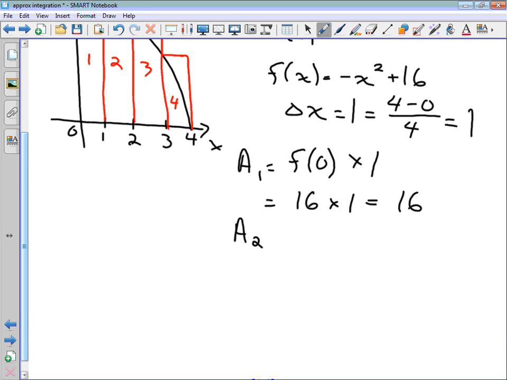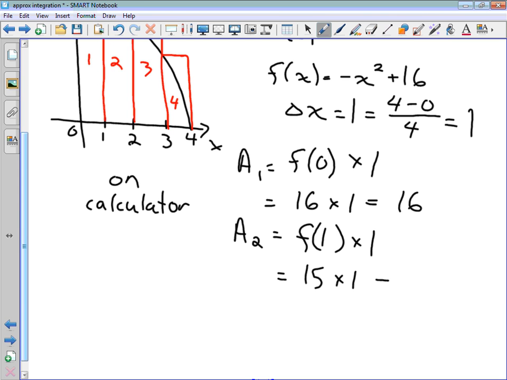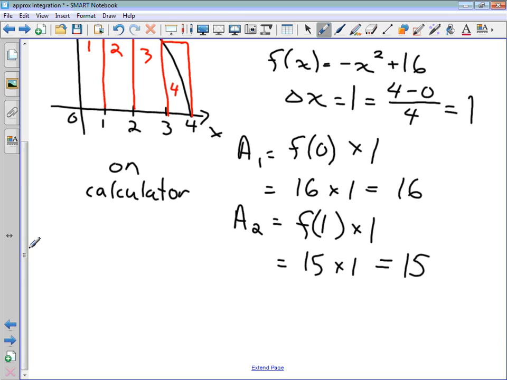Area 2, and this is basically just calculator skills. A2 is going to be f at 1 times 1. What is f at 1? Let's see, negative 1 plus 16, so that's going to be 15 times 1 equals 15. And we can keep on going for our next 2 intervals.